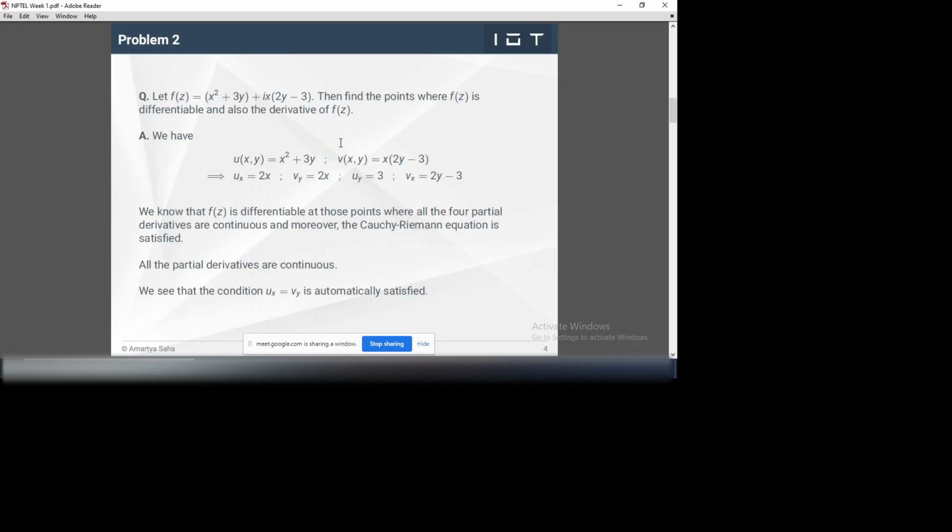So now let's move on to the next criterion, that is u_y equals minus v_x. Comparing from here, we get this equation. So we are left to the conclusion that only at the points which have y equals 0, the Cauchy-Riemann condition is satisfied.